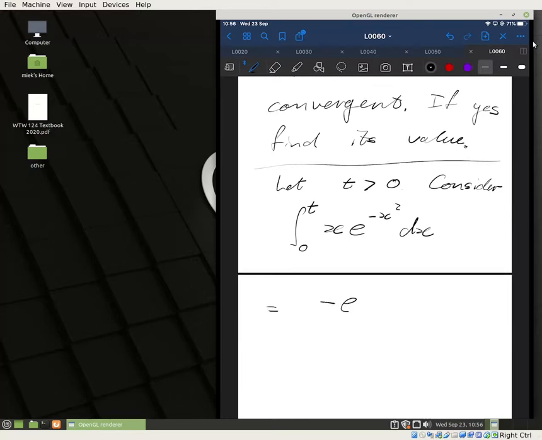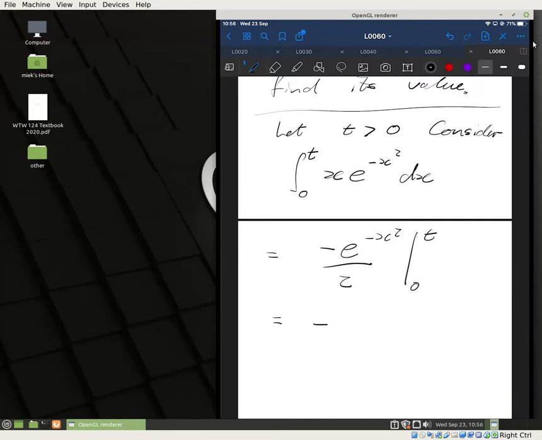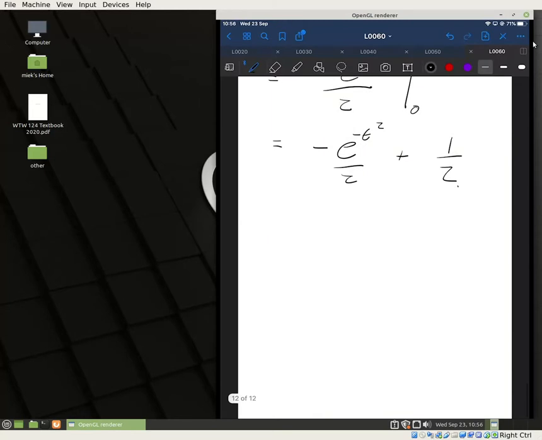This is minus e to the minus x squared over 2 from 0 to t, which is minus e to the minus t squared over 2 plus 1 over 2. Okay, so the limit as t goes to plus infinity of minus e to the minus t squared over 2 is equal to 0, and of course the limit of this constant a half is equal to a half.